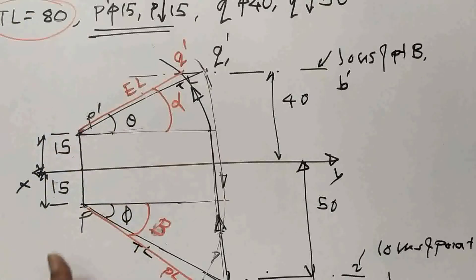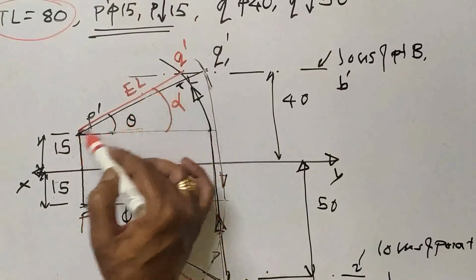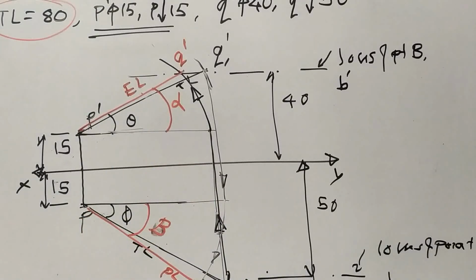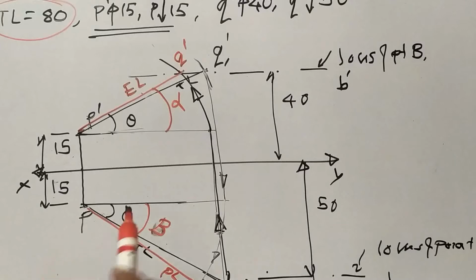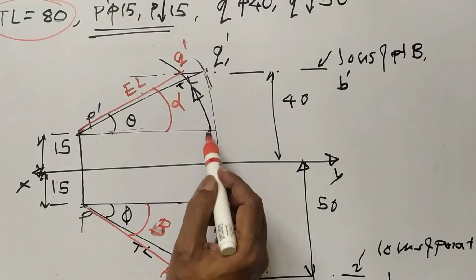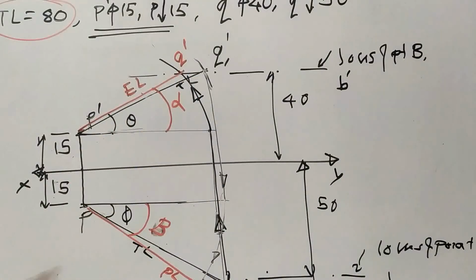Then with the true length I cut the Q1 point here, so I will get Q1 dash here, join the true length. I will get Q1 here after cutting, join the true length. So I will get theta and phi with the true length, and then I project the true length, rotate it, I get the plan length; project the true length, rotate it, I get the elevation length. In this way I have completed this problem.